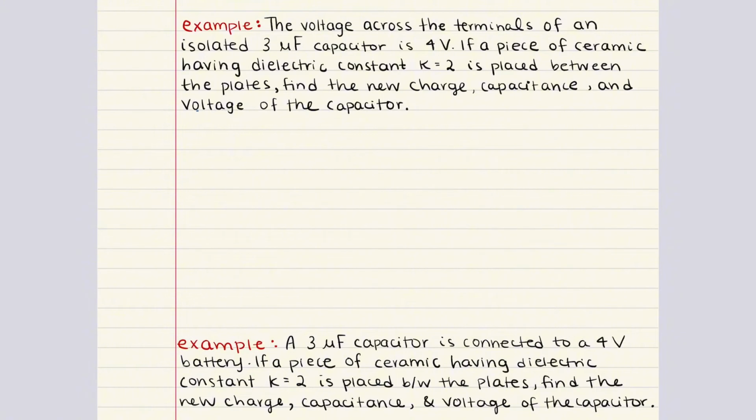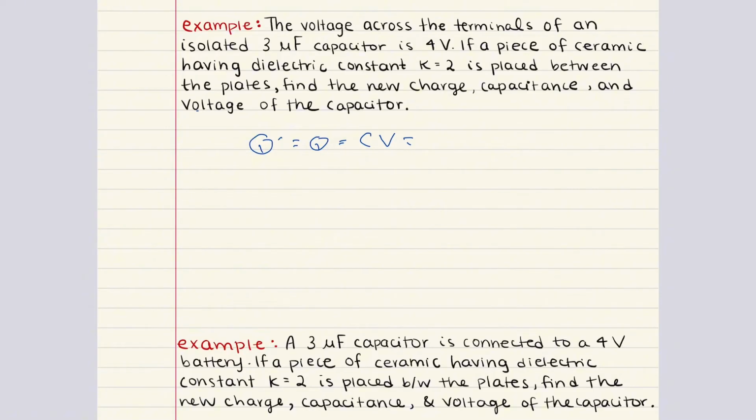The introduction of a dielectric by itself has no effect on the charge stored on the isolated capacitor. There is no new charge, so the charge is the same as before, and we can write the following equation to calculate the charge. Charge is equal to CV, where C is the capacitance and V is the voltage.